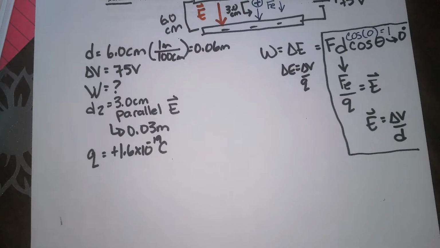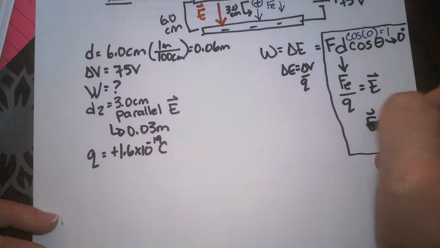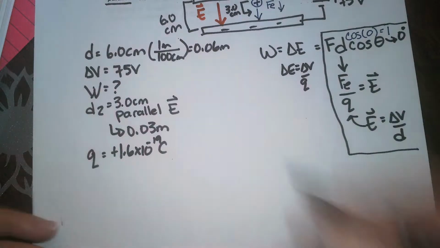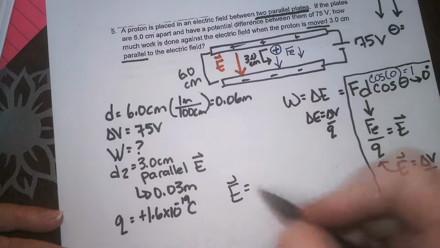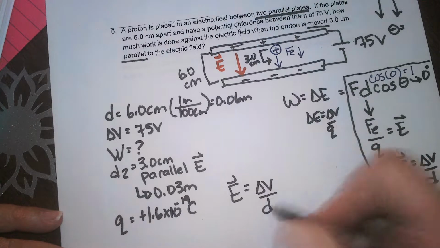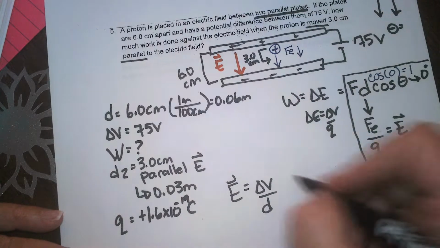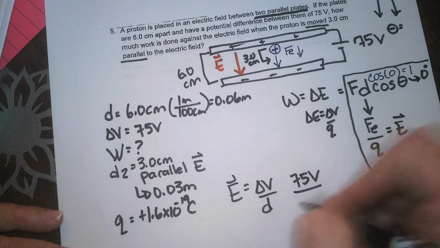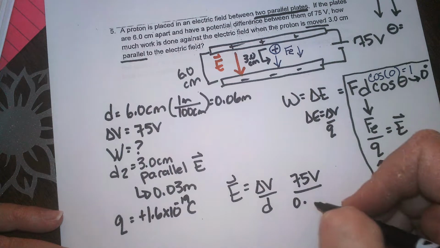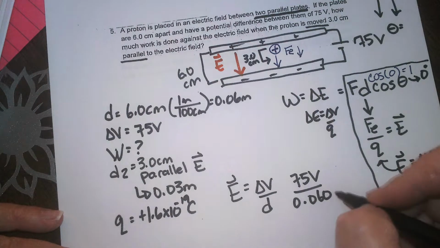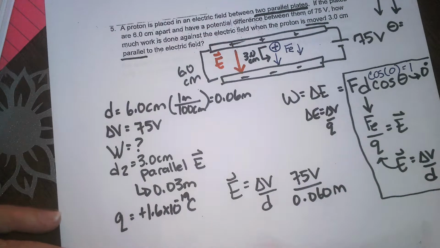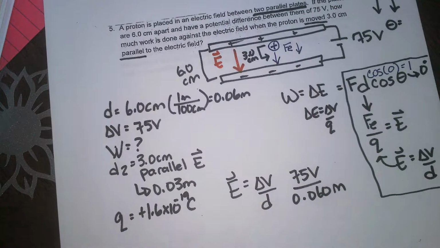All right. So we're going to have to work up this way. So let's start with electric field strength. Electric field strength, that distance has to be the total distance between the plates, not that the proton moved 3 centimeters.